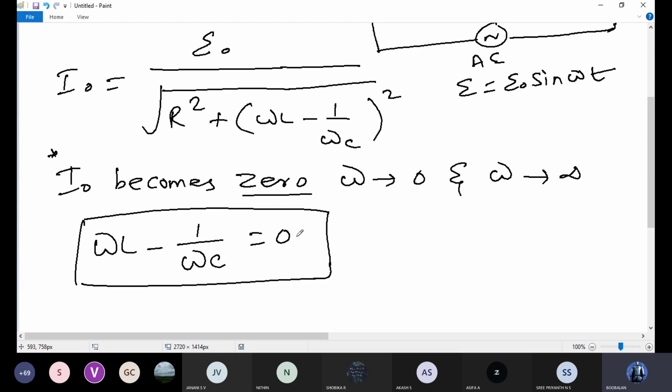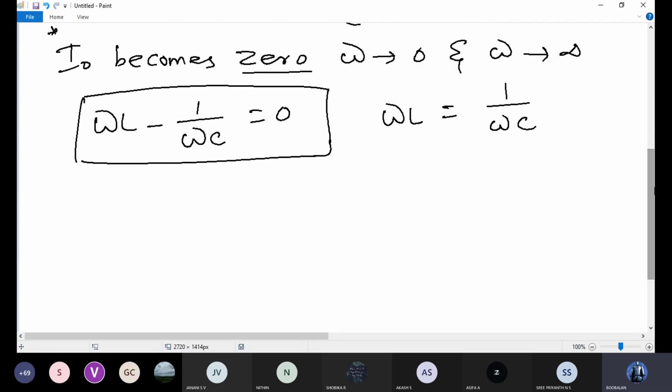So I need only the value of omega. Omega L equal to 1 by omega C. So finally you will get omega square equal to 1 by LC, but I need only omega.